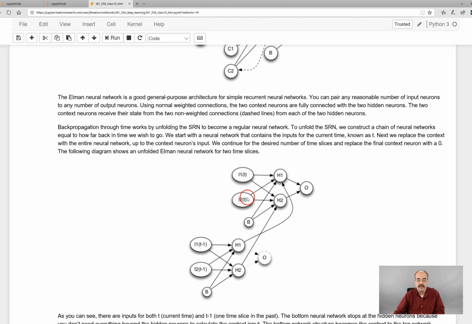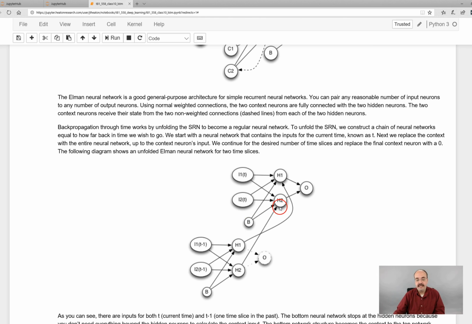So you would have the two inputs, and this T means the two inputs for the current call of the neural network. T minus 1 means the previous call. T minus 2, if I had it on here, would mean the call previous to that even.